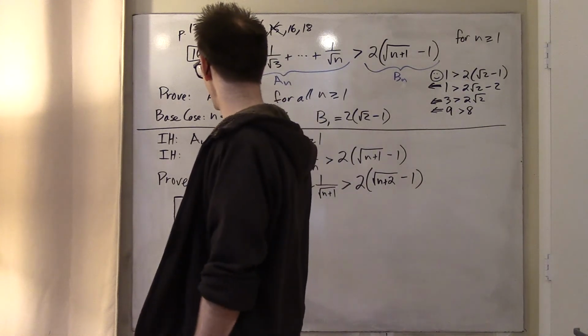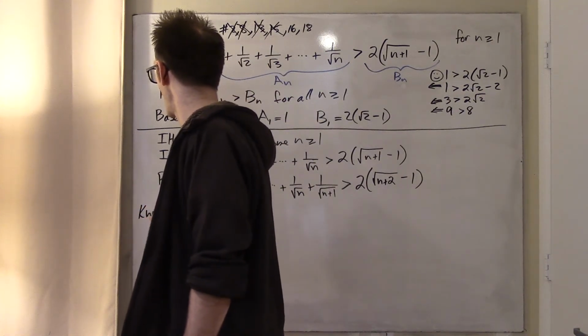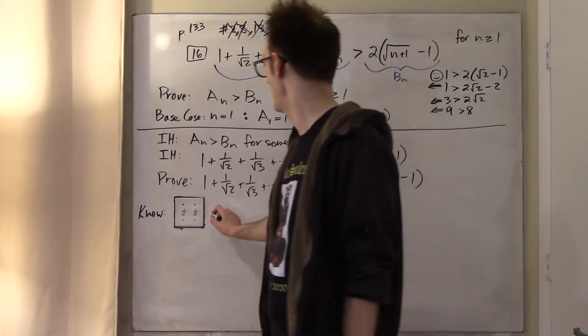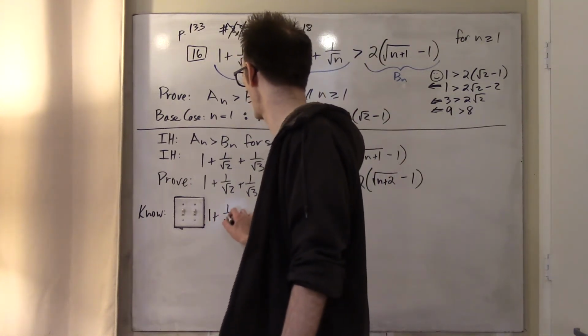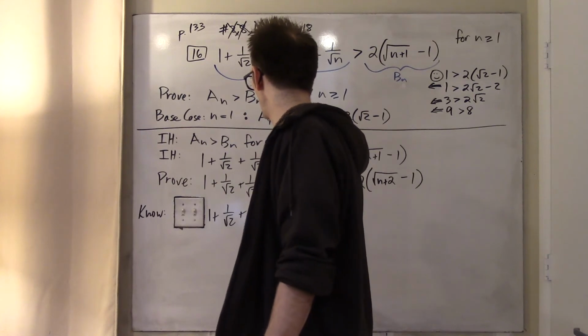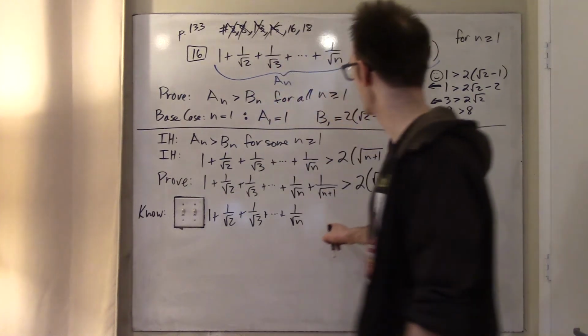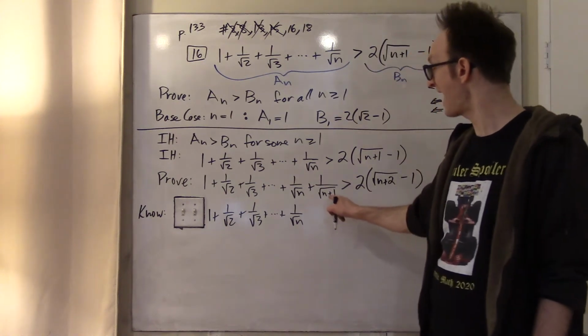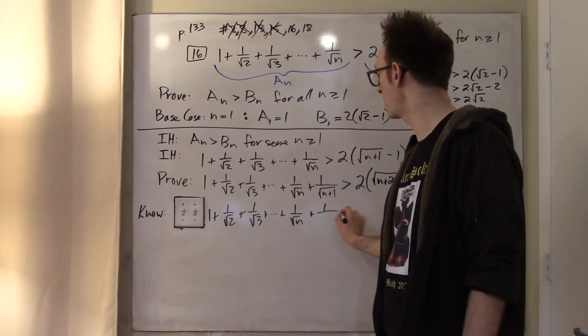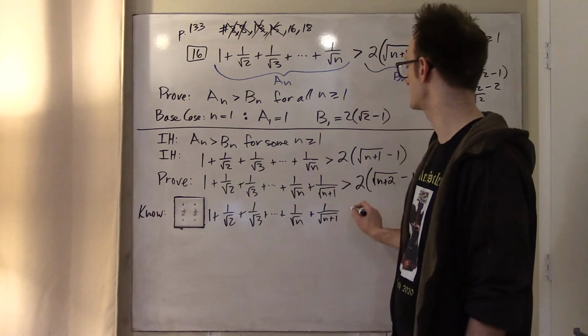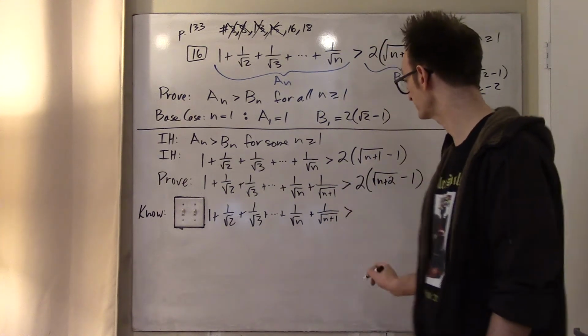And so what I know is that 1 plus 1 over root 2 plus 1 over root 3 plus 1 over root n, and now what I'm explicitly doing is adding 1 over root n plus 1 to both sides of my inductive hypothesis.